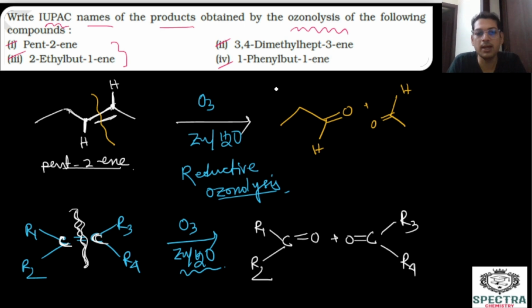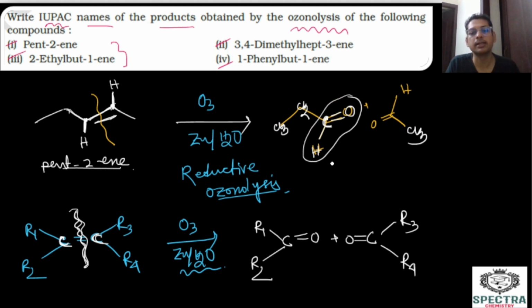Sir, what is the molecule? It is CH3, CH2, CH double bond O, and this is CH3, CH double bond O. But you have to do IUPAC naming. This CH double bond O is your functional group, called aldehyde, right?